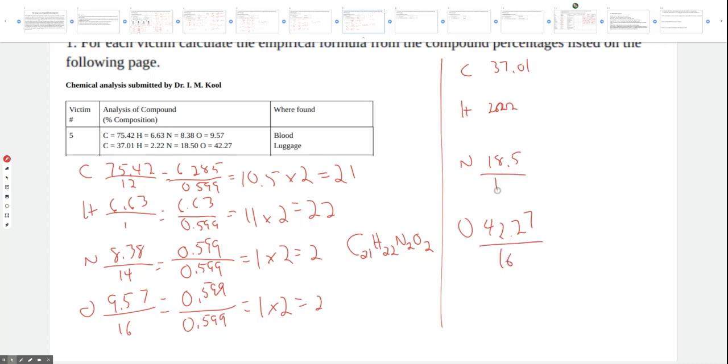Plug in the molar masses. Here we go. Okay, this is 3.1, 2.22, 1.32, and 2.64. Divide them all by the smallest number, which is 1.32.